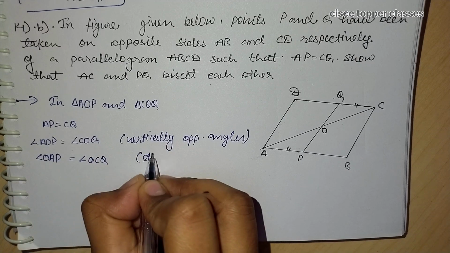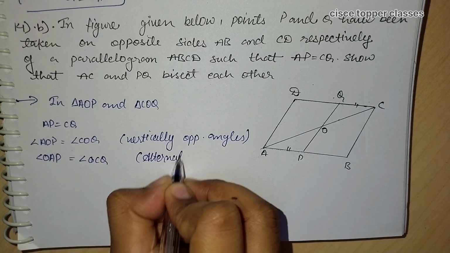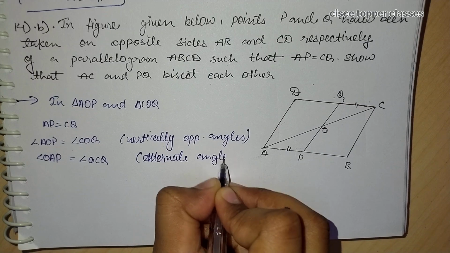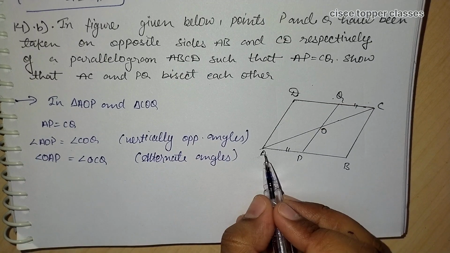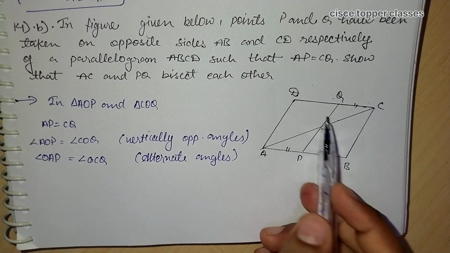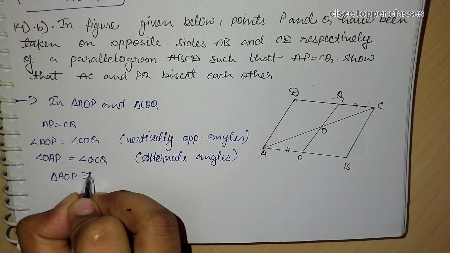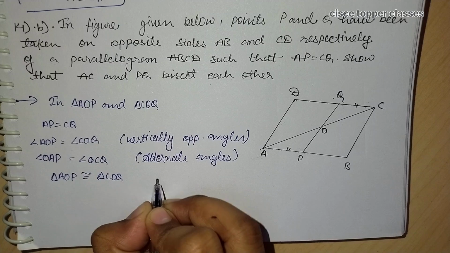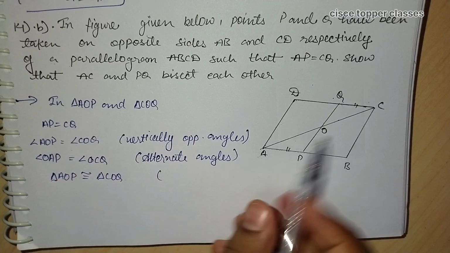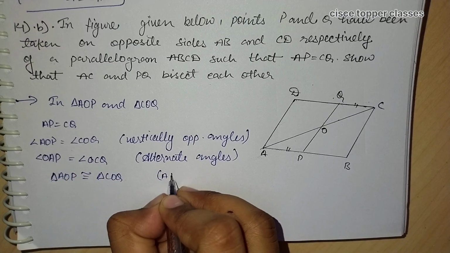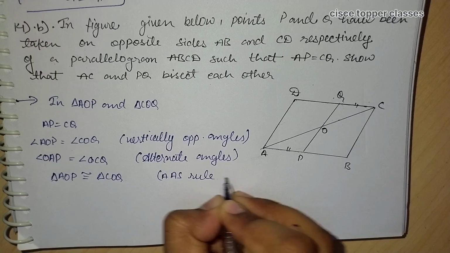So these are alternate angles here. So triangle AOP is congruent to triangle COQ by the angle side angle rule of congruency. So hence we have proved here.